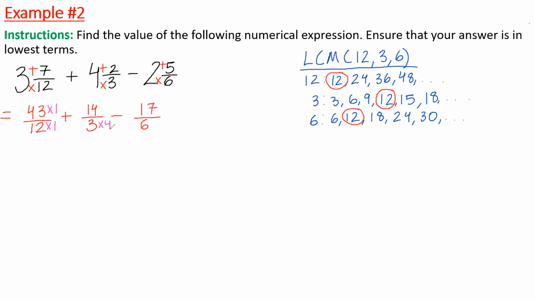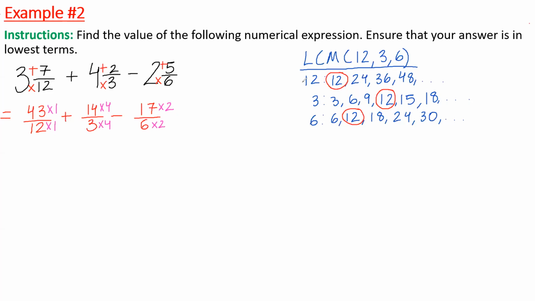So we have 3 times 4, which is 12, and whatever we do to the bottom, we must do to the top. It's going to be 4. And then 6: what times 6 gives me 12? 2. Very good. So we have 6 times 2, multiplied by 2 as well.